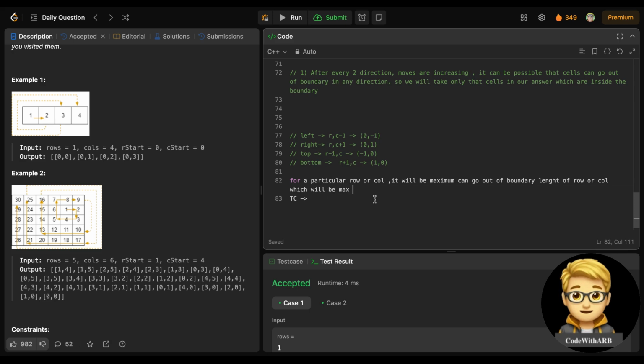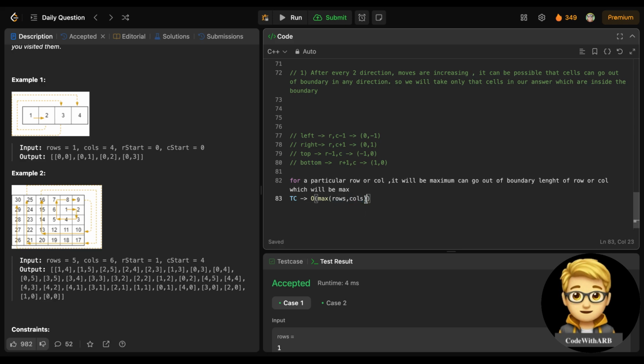It is possible that for each row you need to move a whole spiral to traverse the whole matrix, and that will be one plus move. So basically it will be O of max of the length of rows and columns.